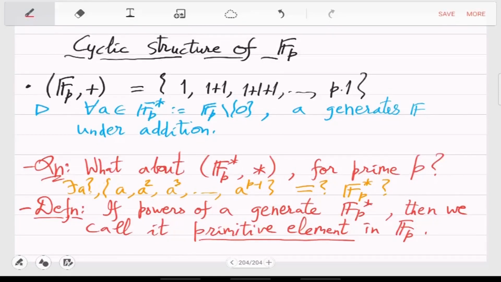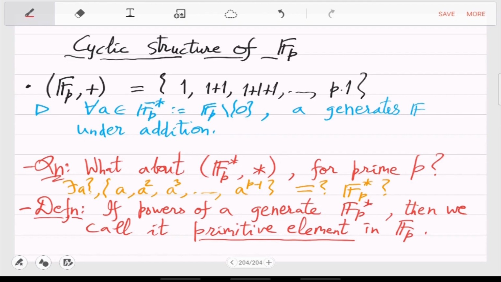So we began discussing the cyclic structure of Fp, which is the finite field. Numbers are from 0 to p minus 1. With addition, we saw that the additive structure is cyclic because you can generate everything by 1.